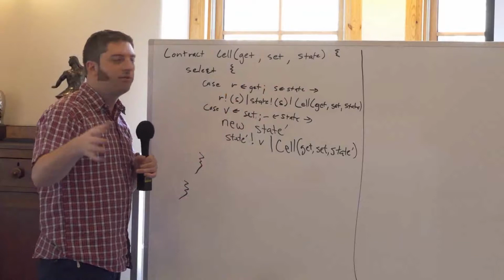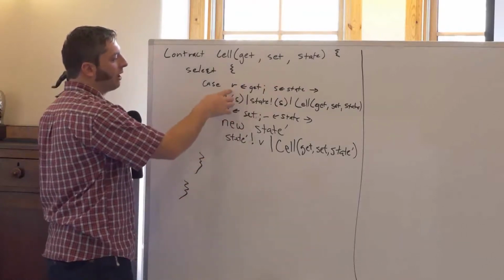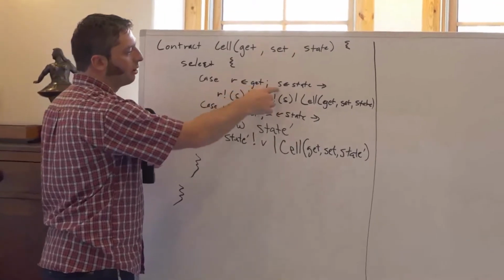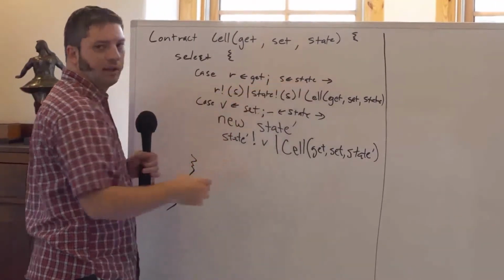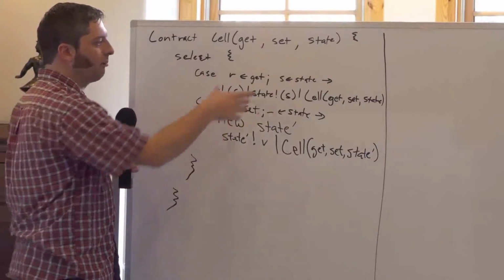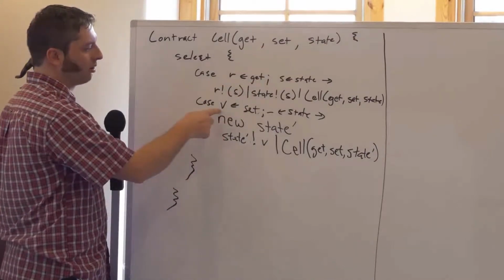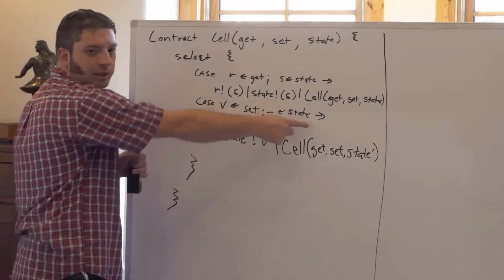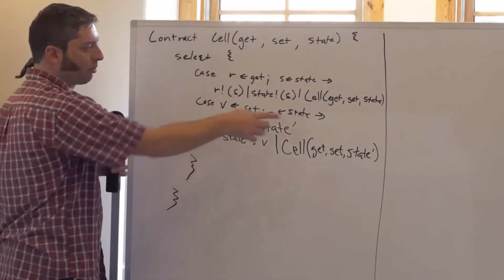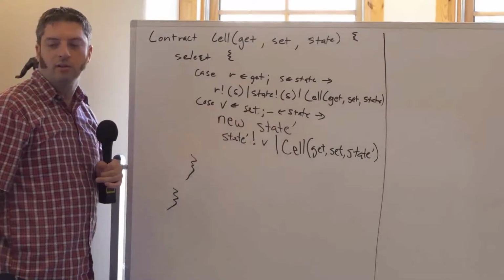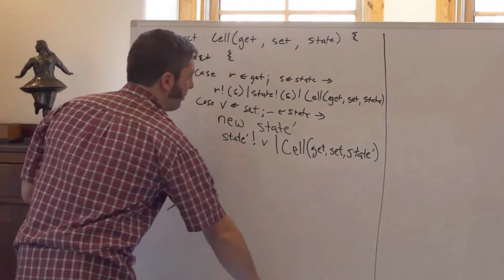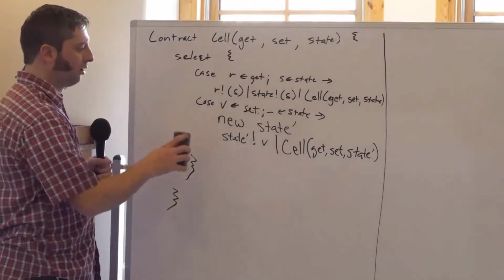And that's implemented via the tuple space. So if we get a request on the get channel, we will also at the same time atomically get the state and lock, basically take the state from the channel. We have to get both or none. And similarly, if we get a set message, we also get the state, or nothing at all. So we either get both or none. Okay, got it.